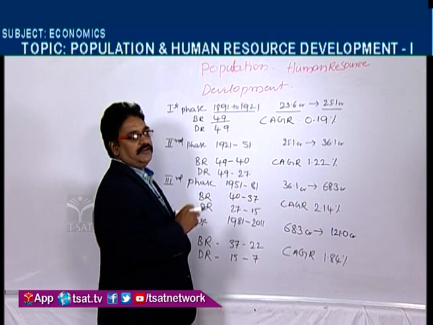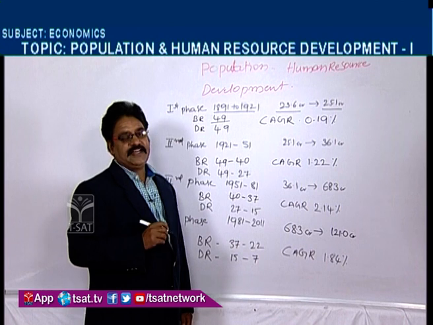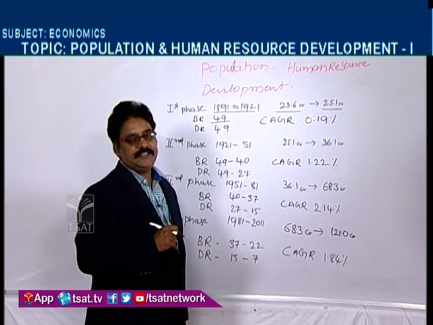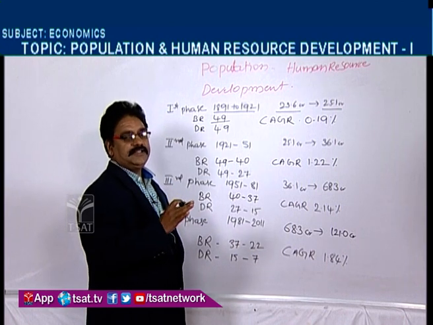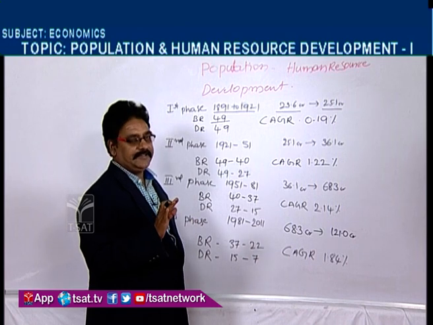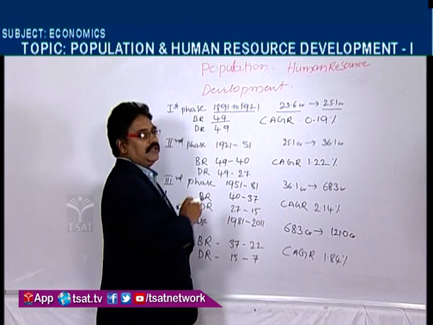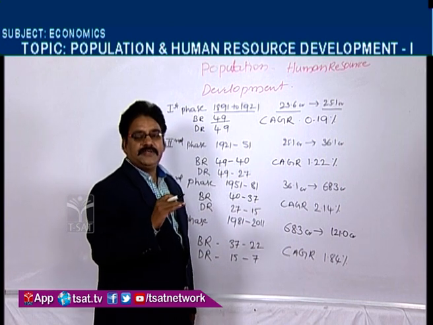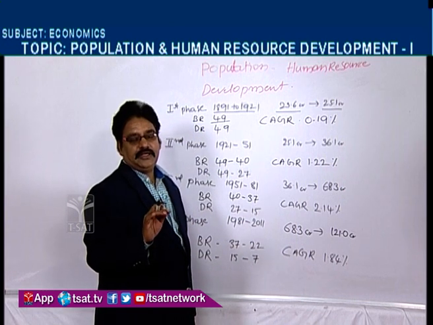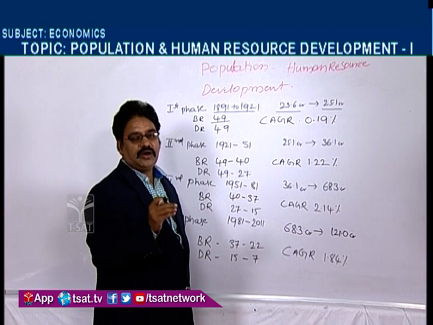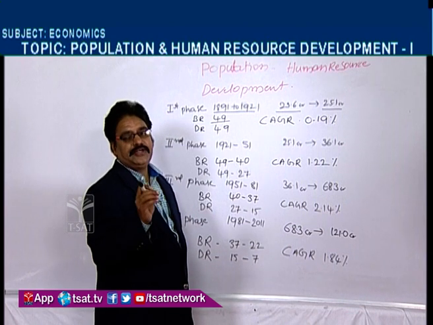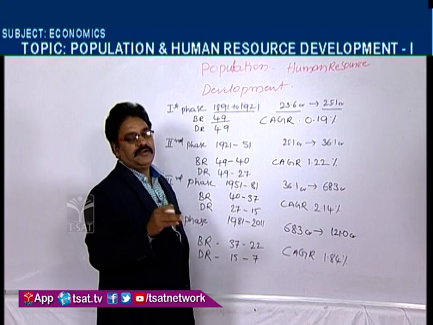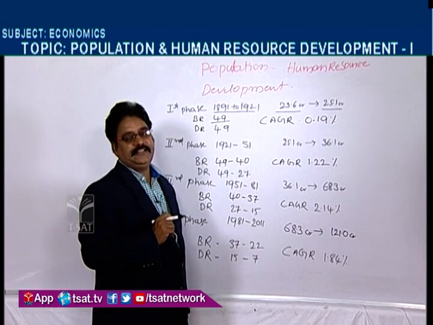This is what we observed in the demographic transition theory in the first stage: high birth rates and high death rates. Due to this reason, the population increased very slowly, negligibly. Only about 2 crores of population increased during the 30 years.